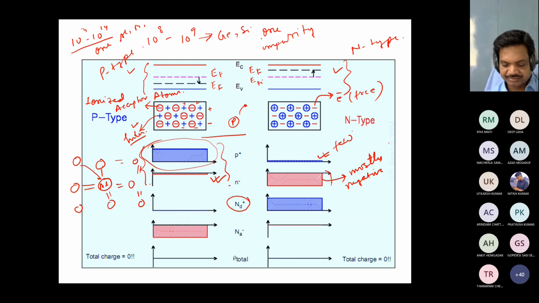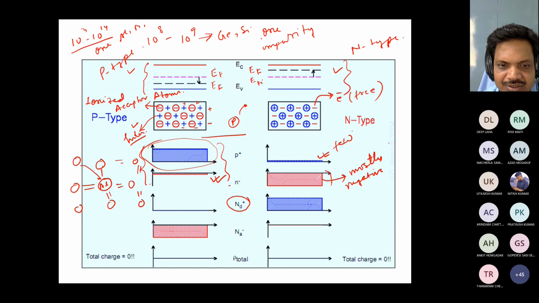Will you get it? No, sir. In the p side, will you get any dopant, any ionized donor-type atom in the p-type semiconductor?